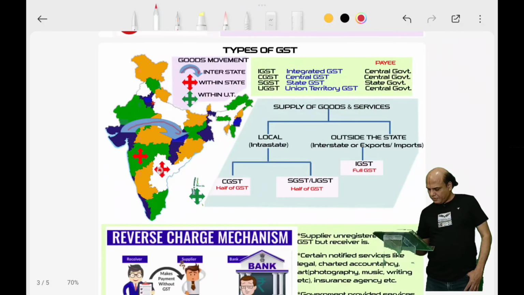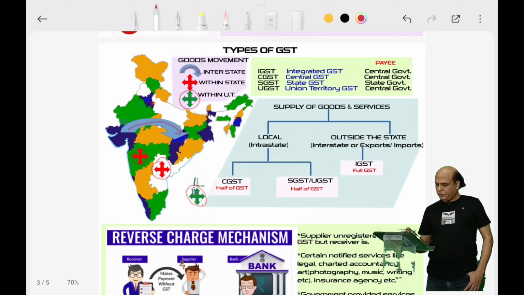Can you see? Goods are moving within Andhra Pradesh. Here goods are moving within Maharashtra. Here if you see the green four-way arrow, what I try to depict is these goods are moving within Andaman and Nicobar, so within a Union Territory.